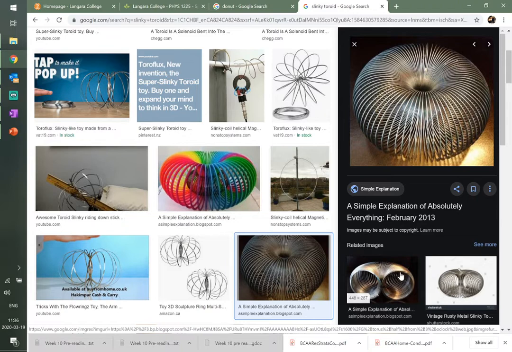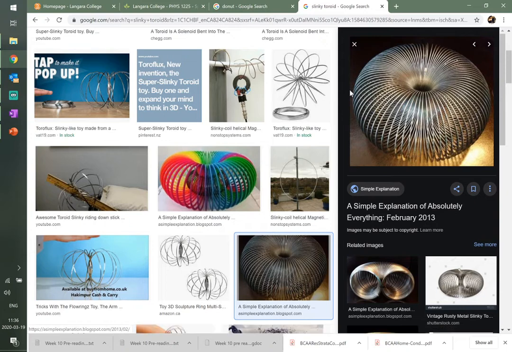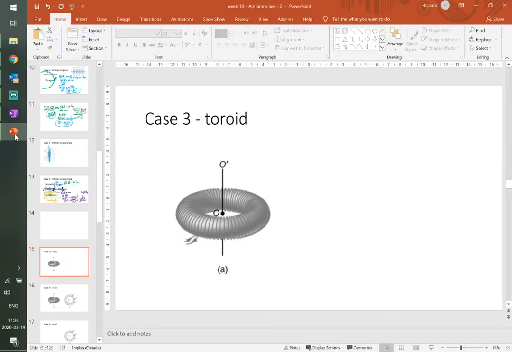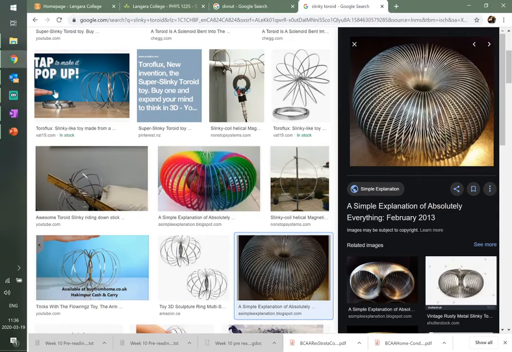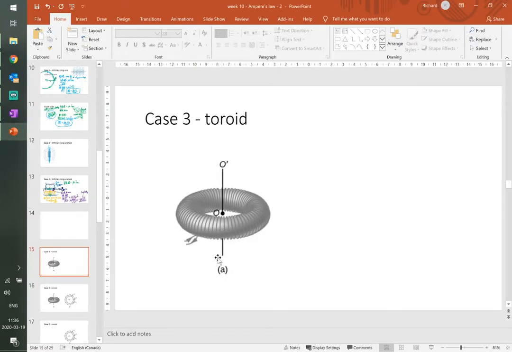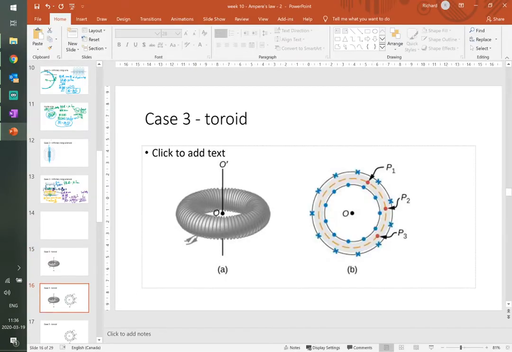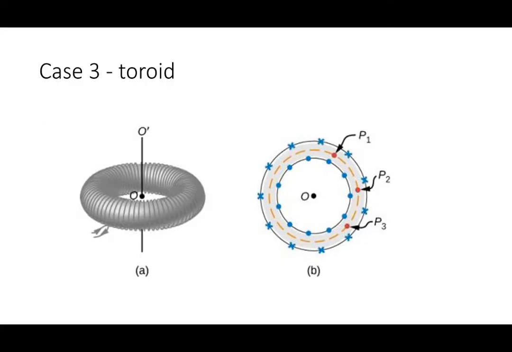But as you loop it around, whatever cross section this is, the outside will still look like a circle. Does that sort of make sense? And in any case, we're going to analyze it the exact same way, whatever shape it is. We're going to cut this right across the middle like that. And what we end up with as a result is a cross section that looks like this.